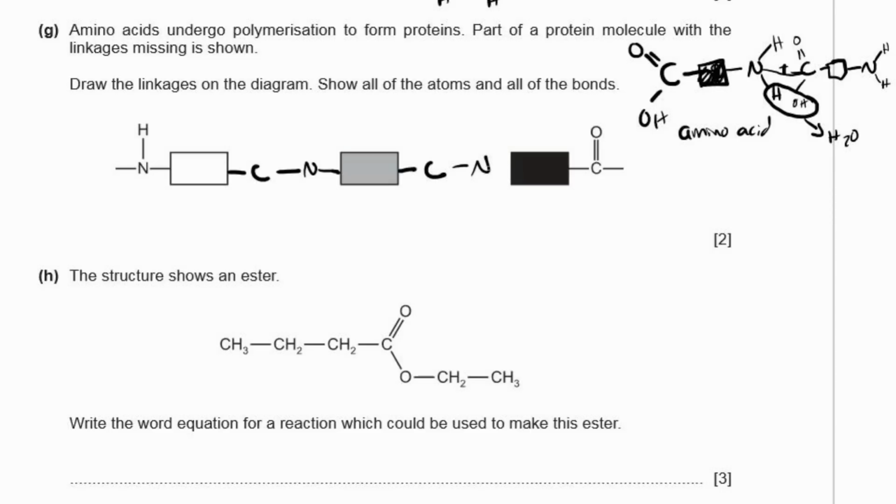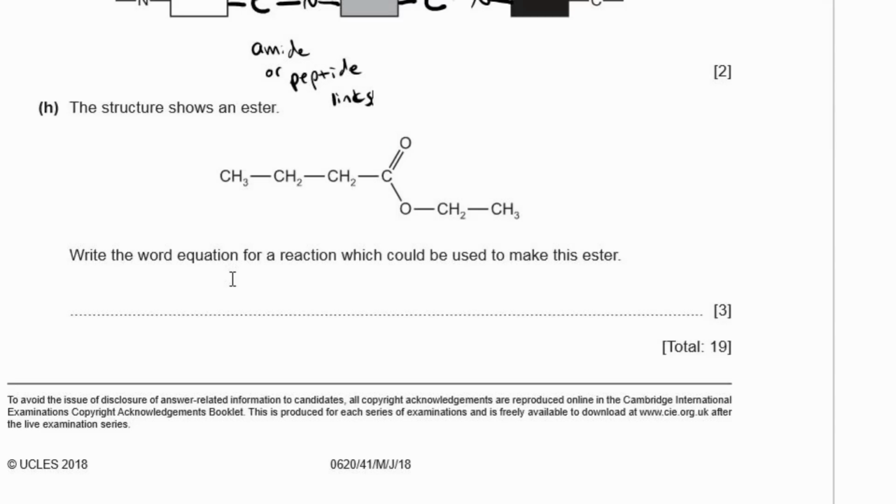And then there's an N, and to double check, there's also a C on this side. Attaching to the N's we have H's, and attaching to the C's we have double bond O's. Okay, and these are known as amide or peptide links. Amide link, amide bond, peptide link or peptide bond. Okay, same thing. Good.